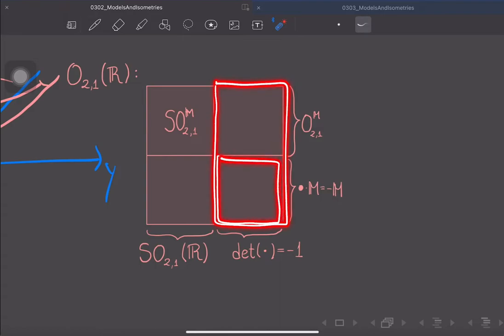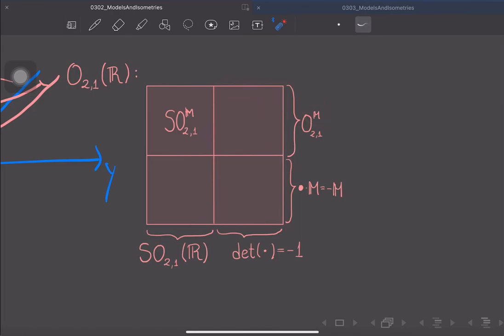For instance, reflection along the horizontal plane exchanges both sheets and has determinant -1. Or, for instance, reflection along a vertical plane, let's say the plane XZ, has determinant -1 but preserves the upper sheet.